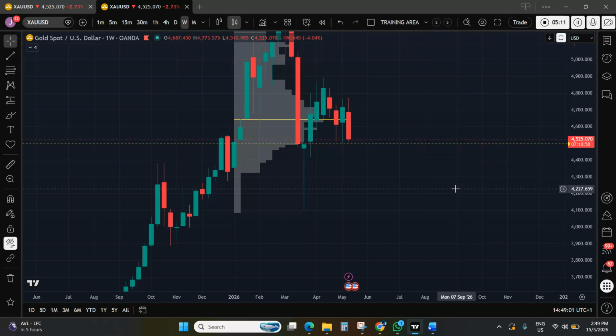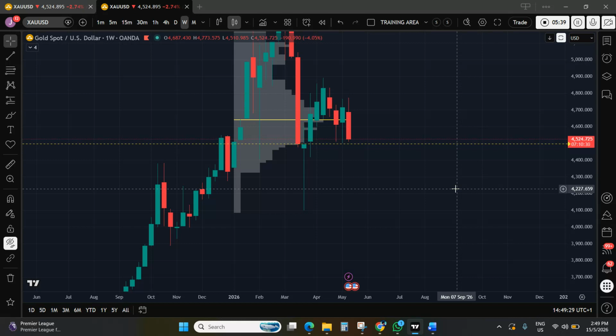But in my opinion, the chances are very, very low. And next week is a bit crucial, because if gold continues to close below this POC, then with more than 80% confidence you can say that the historical bull run of gold is over.